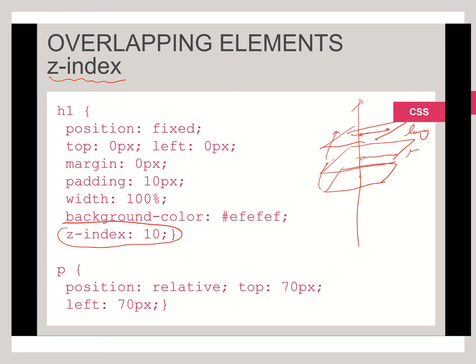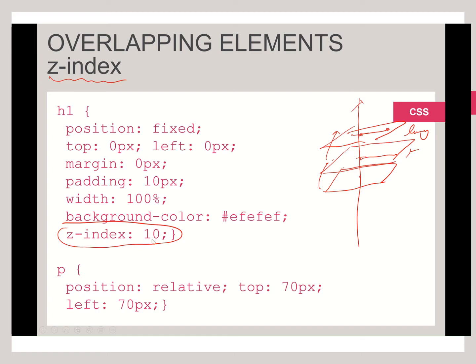So z-index we set to be 10, and then for example, when we scroll down here, the paragraph will overlap with the heading, right? Because the heading will still appear at that location in the top left corner. So we don't want to show the paragraph's content. We want to show the heading content. So we set a larger value for it.